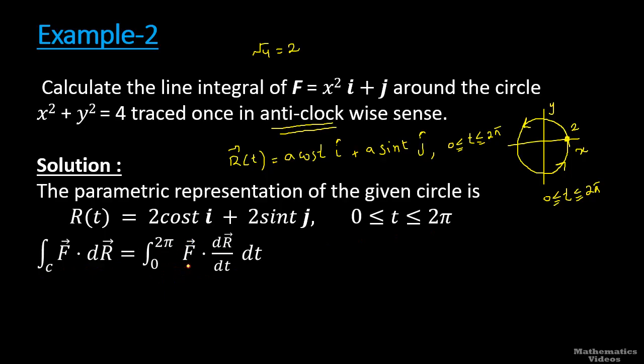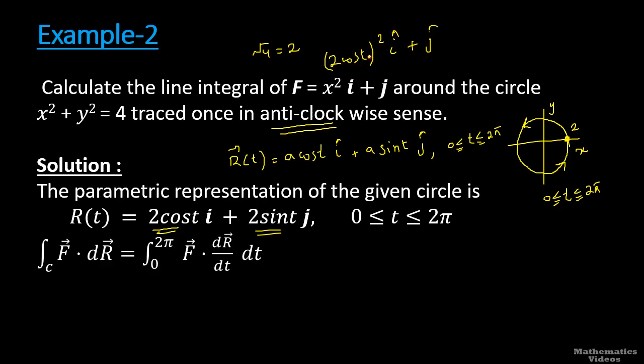Now we will put f in terms of t and the derivative of r with respect to t. It is clear from the parametric representation that x is equal to 2 times cos t and y equal to 2 times sin t. So f in terms of t becomes x square i unit vector, which is 2 cos t whole square i unit vector, plus 1 times j unit vector.